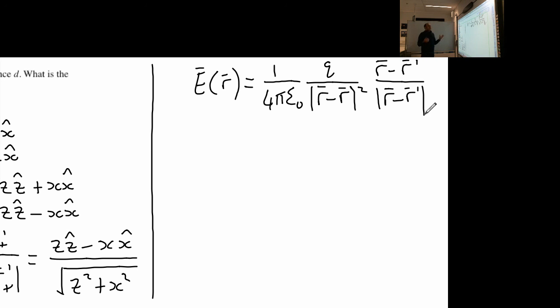Now all we have to do is plug what we have over here into this equation. And remember, since we have two charges, we have to sum up the contribution due to both charges.